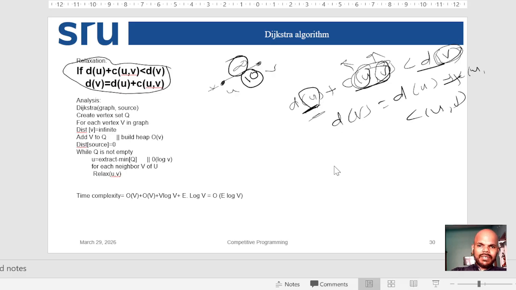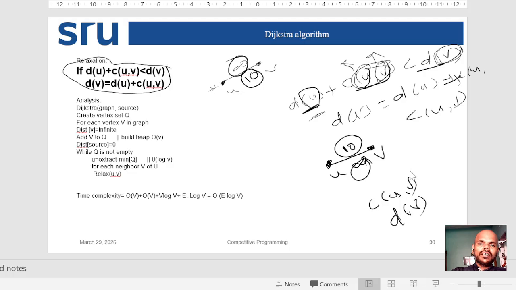We have to understand that where you are starting is u, and u comma v is the actual edge, which is 10, but we are assuming it is infinite. So this 10 is the cost of u comma v, and this infinity you are assuming is the distance of v. These are the major differences.